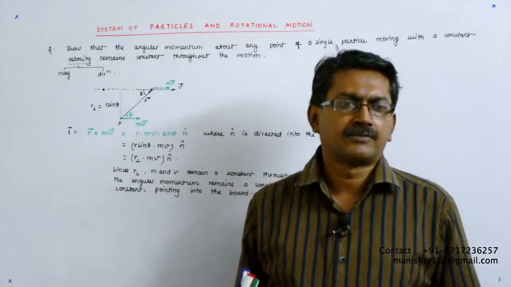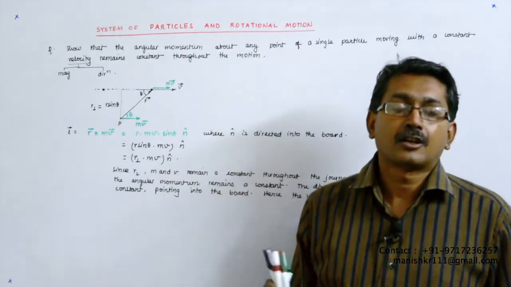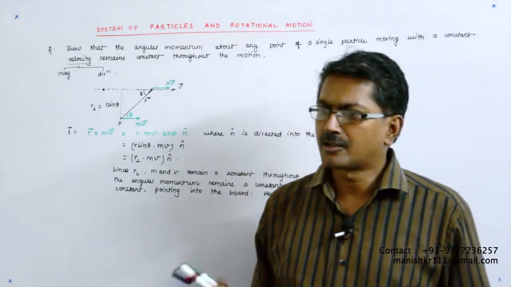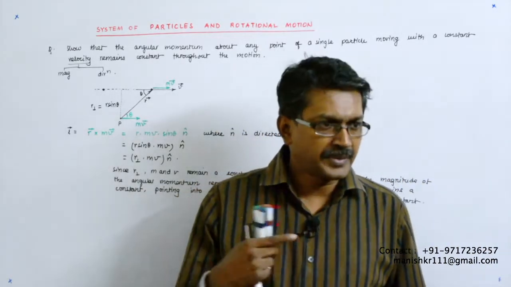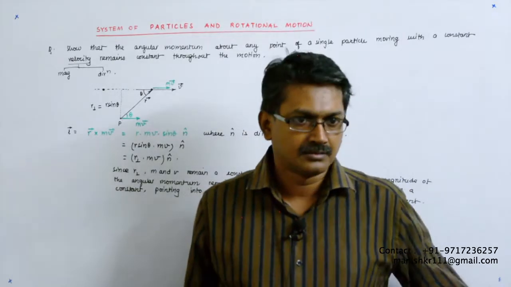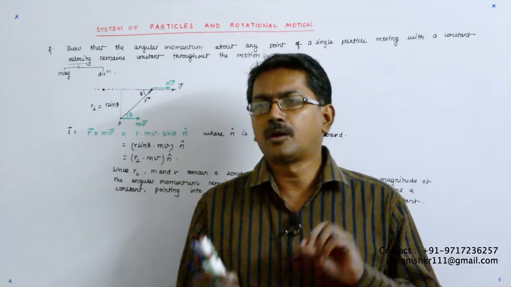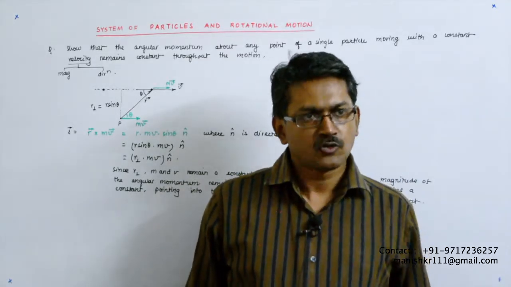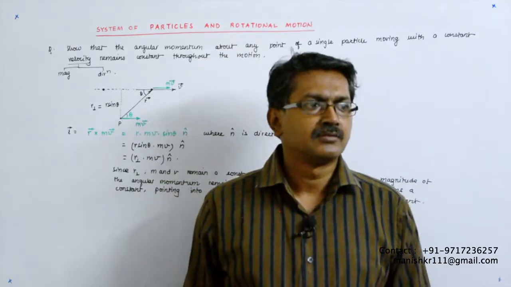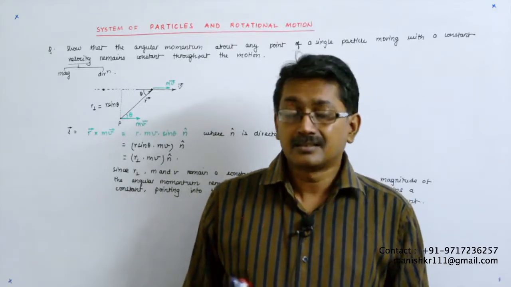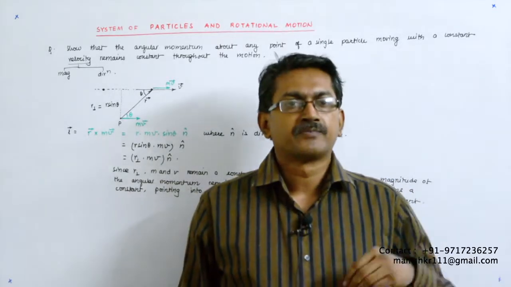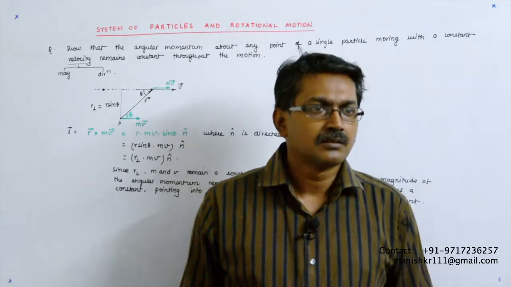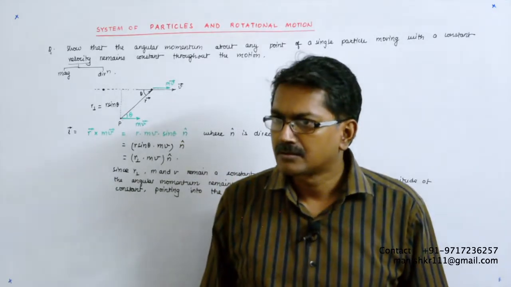R cross F. Where is F? R cross P. If it is angular momentum, R cross P. Is there a P? Yes. Is there an R? Yes. What is the definition of R? From the point to the particle. So there is an r, there is a p, there is an angle. So why will it not be defined?